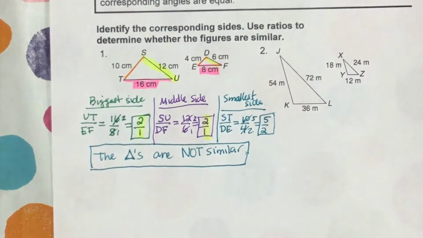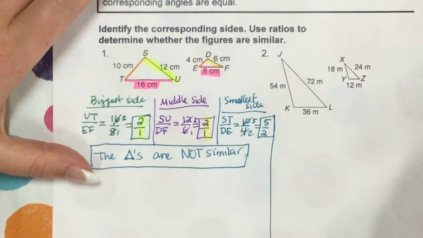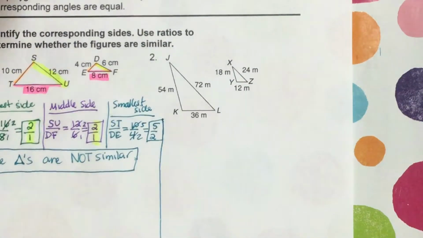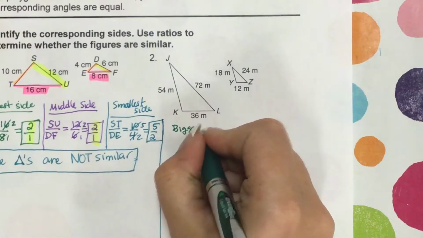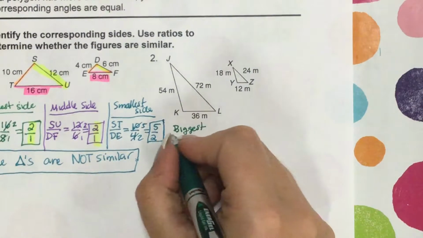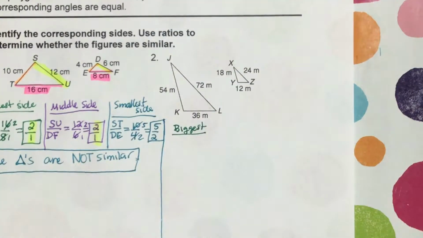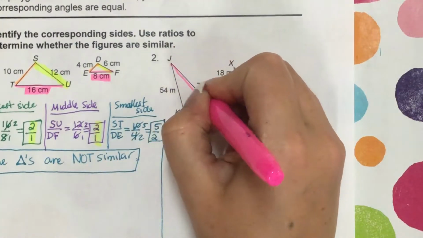Let's go ahead and look at example 2. I'm going to draw a line here. Okay? So, example 2, we're going to kind of do the same thing. So we're going to start off with the biggest side. I'll just say biggest, which is, if we're looking here, the biggest side, 72, is going to be this one right here. So JL.